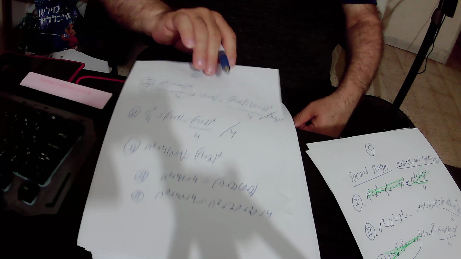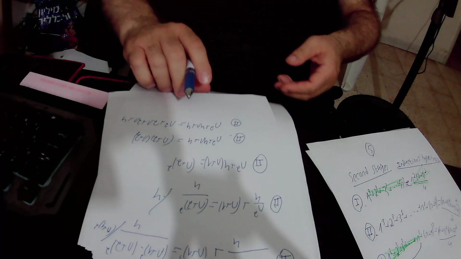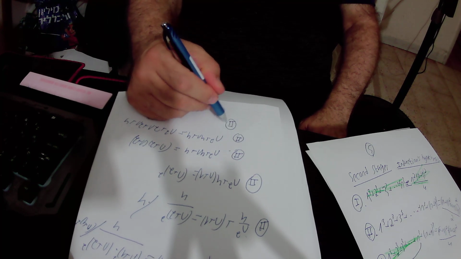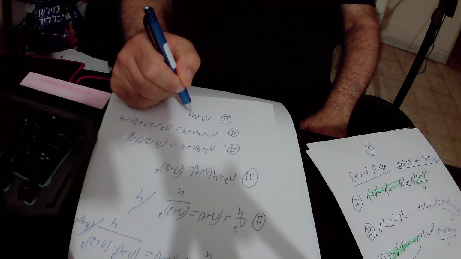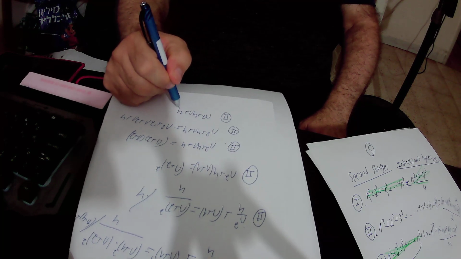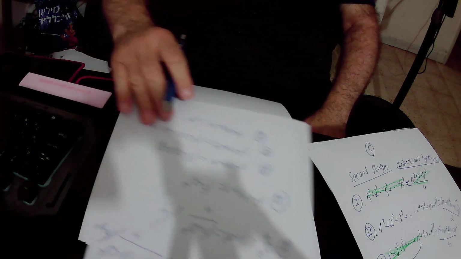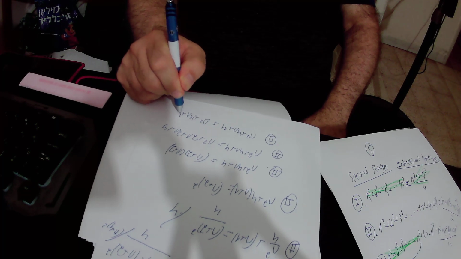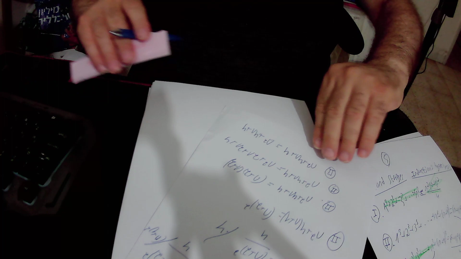So we write it down. So we have here an identity.